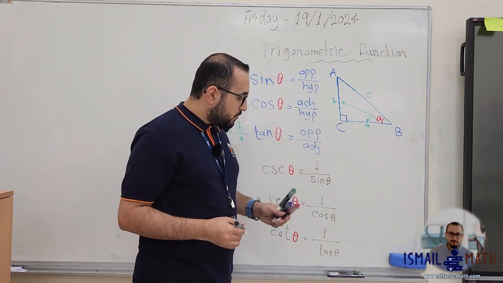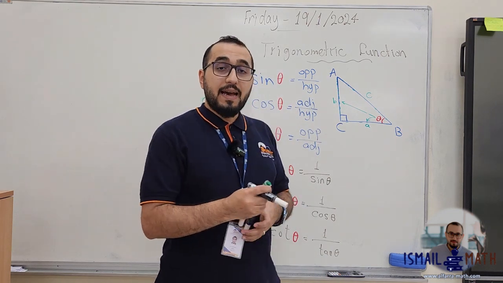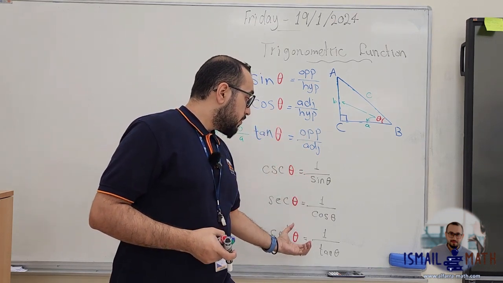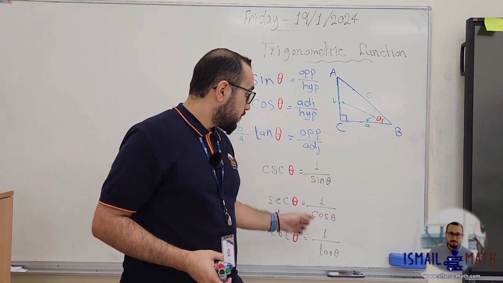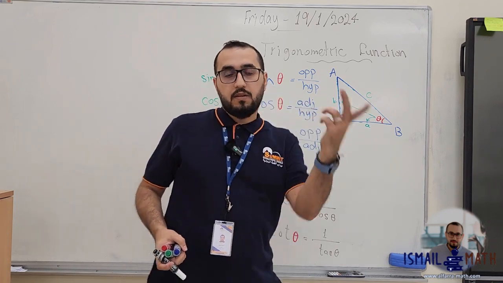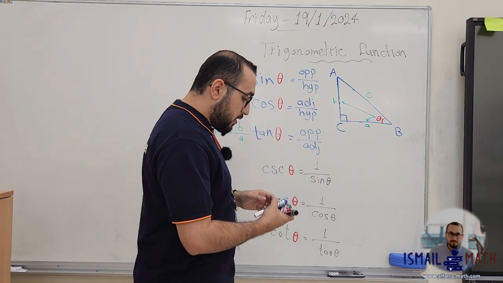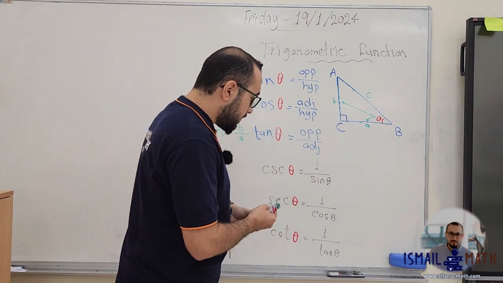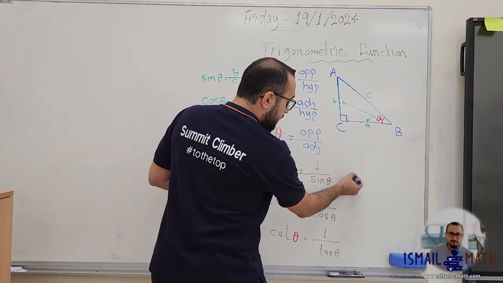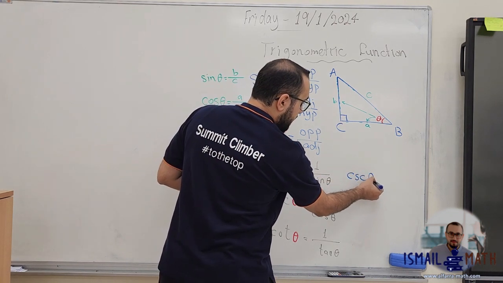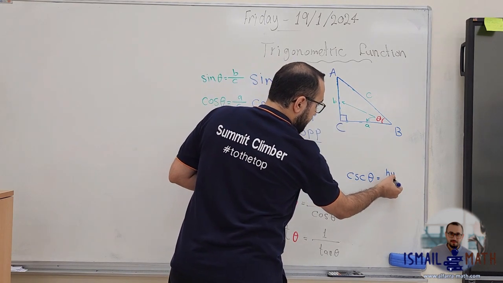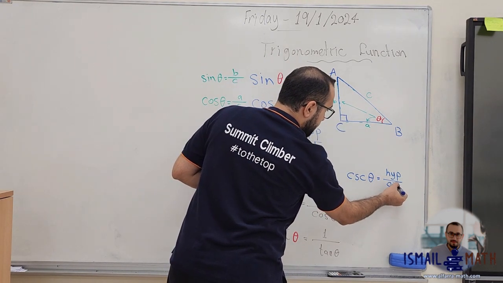If you look at the reciprocals, we can summarize them and write the rule, because reciprocal means you are flipping the denominator and the numerator. So what's the ratio of the cosecant? The ratio of cosecant theta, just flip the sine, which is hypotenuse over opposite.